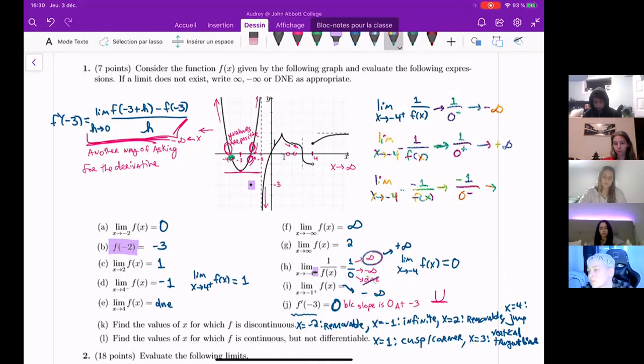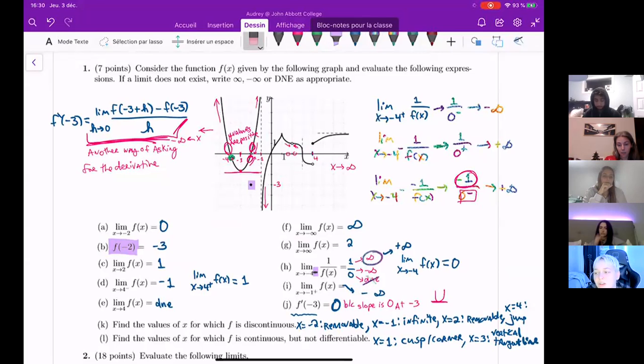It would actually be positive infinity here, because even though these values down here are negative, that -1 on top makes the negatives cancel out. Did that make sense?